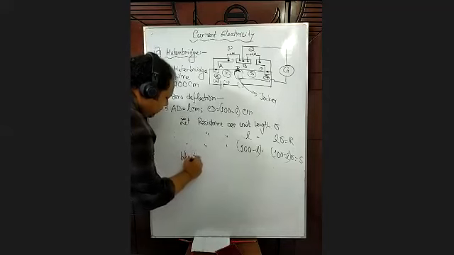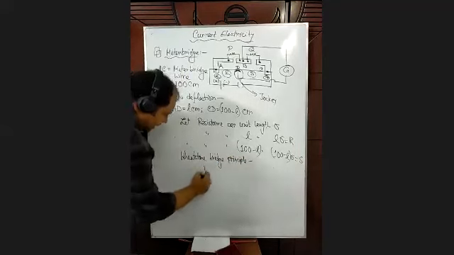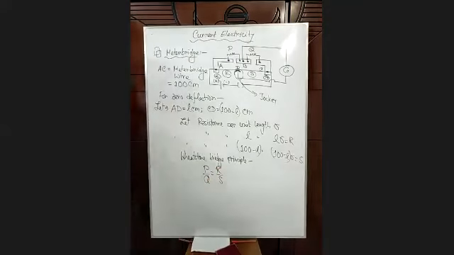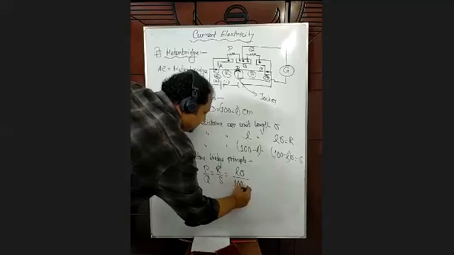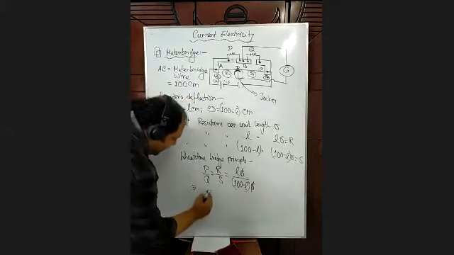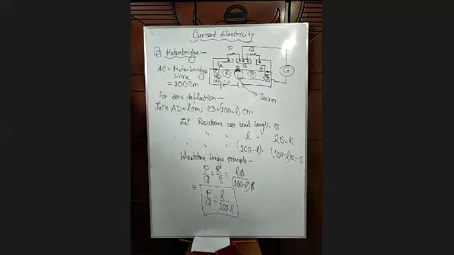In the last class, we said that the Wheatstone bridge principle is P by Q is equal to R by S. Now if I put the value of R as L sigma and the value of S as 100 minus L into sigma, then I get another equation: P by Q is equal to L by 100 minus L. So this is the required equation for the meter bridge, and with the help of this equation, we can determine the unknown resistance placed on the meter bridge, and we get it from the zero deflection point.